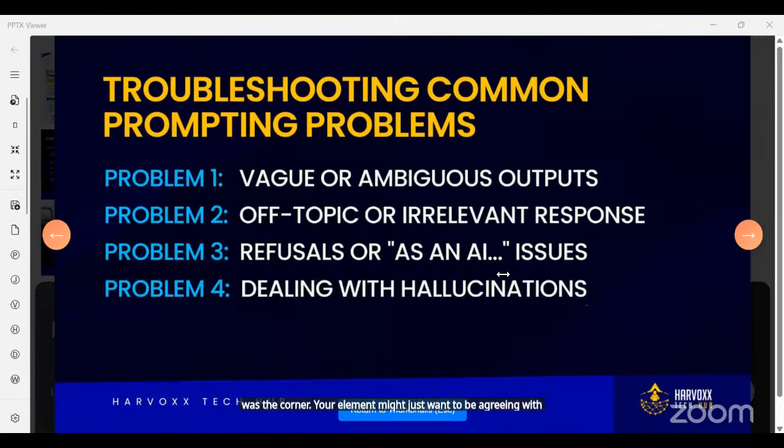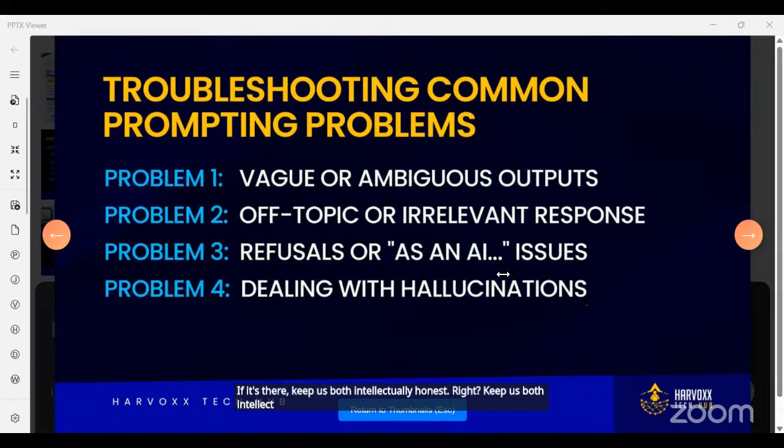So I said, prioritize insights, not agreement. Don't protect my ego, protect the truth. Be a constructive challenger, help refine, not just respond. Point out bias if it's there. Keep us both intellectually honest. Right? So you can see that.